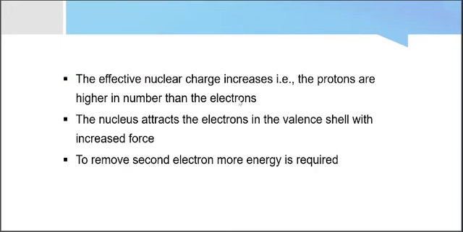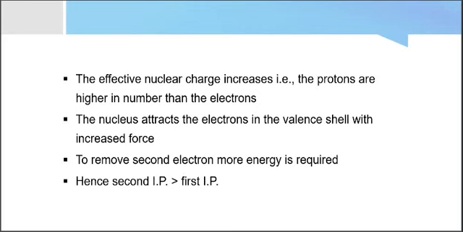The effective nuclear charge will increase, so the nucleus attracts the electrons in the valence shell with increased force. To remove the second electron, we need more energy, because we have to overcome that increased force of attraction exerted by the nucleus.